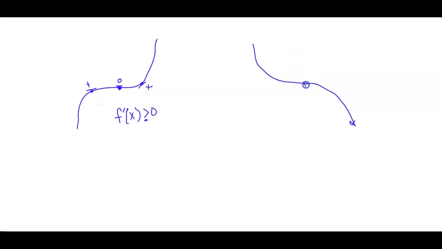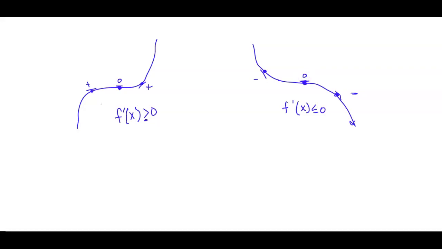Whereas for this particular function, this one is pretty much always decreasing. If I had a point here, the slope of the tangent line is negative. A point here, the slope is negative. And here, the slope of the tangent line is 0. Okay.